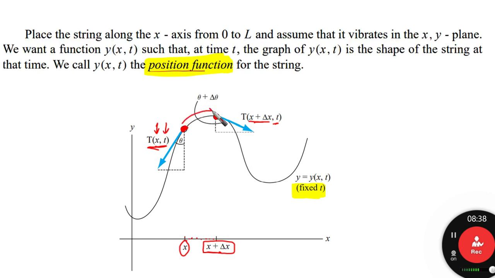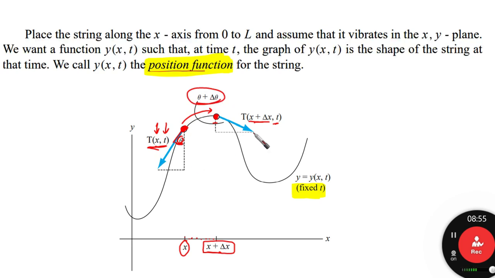The movement from here to here is going to have some change in the tangent, which is theta here, and theta plus delta theta there.